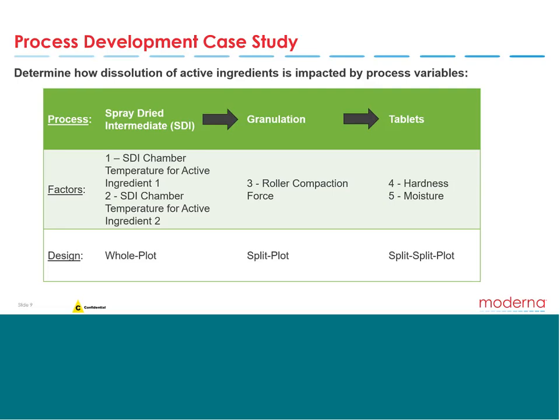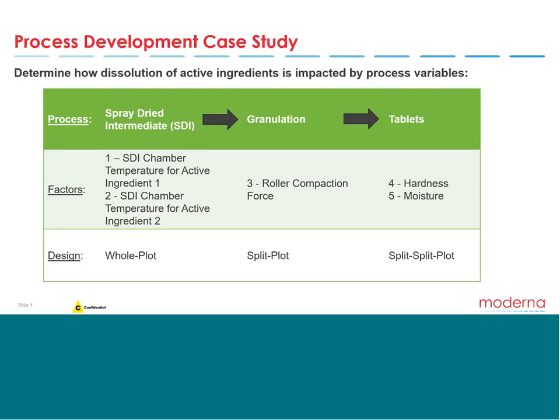So the goal of this experiment was to determine how the dissolution of the active ingredients was impacted by the process variables at each step. In the first step, where we were creating the spray-dried intermediate, we had 2 active ingredients, and the spray-dried intermediate was created for each active separately. We wanted to look at how the temperature of the drying chamber might impact dissolution.